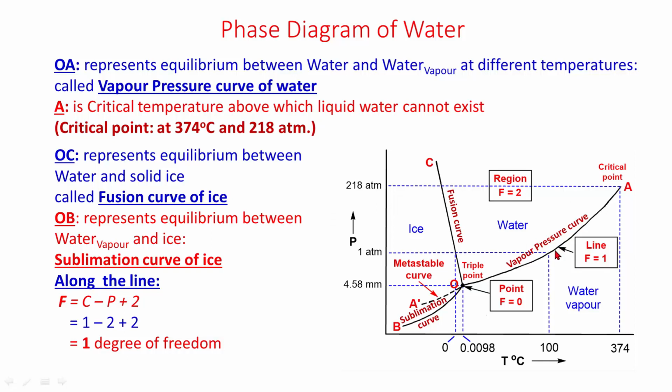That means for this state, if I know the temperature, pressure is automatically fixed. Or if I know the pressure of the system, temperature of the system is fixed. I need to know either the temperature or pressure to know the state of the system.